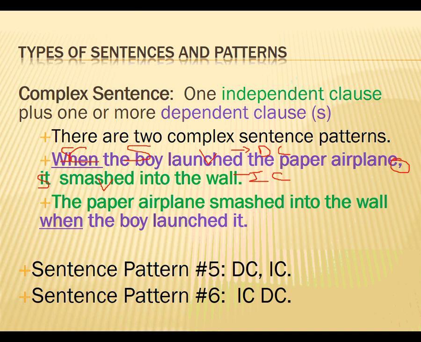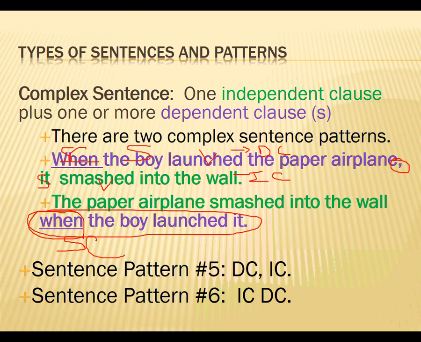The second example sentence is "The paper airplane smashed into the wall when the boy launched it." In this example, the independent clause comes first, and it is followed by the dependent clause. Notice the subordinate conjunction when is in the middle of the sentence.